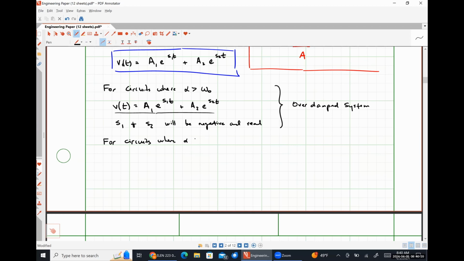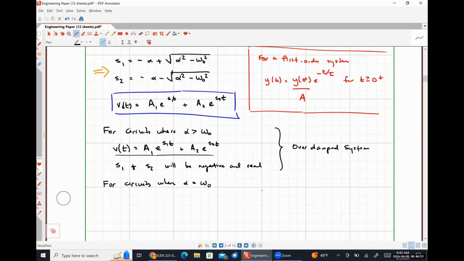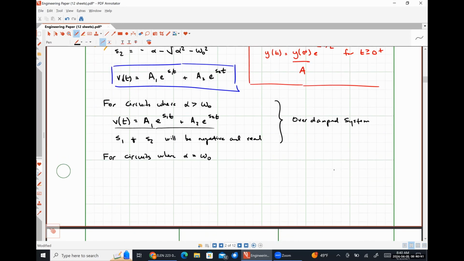Now for circuits where alpha is equal to omega naught. If alpha is equal to omega naught, what's happening to S1 and S2? They're the same thing, right? So I'll put that down here. S1 will be equal to S2.